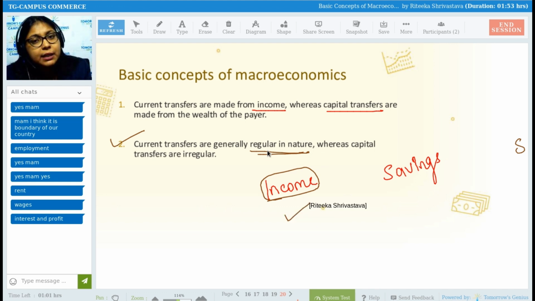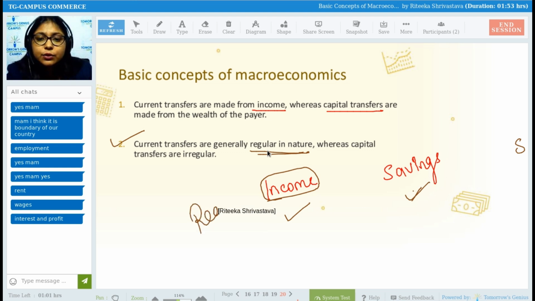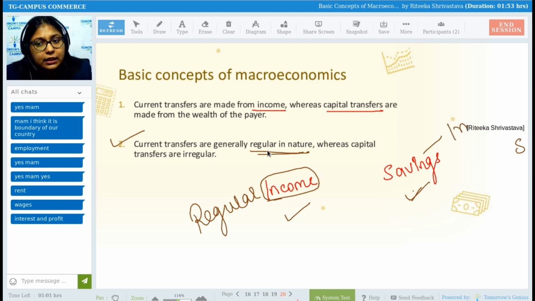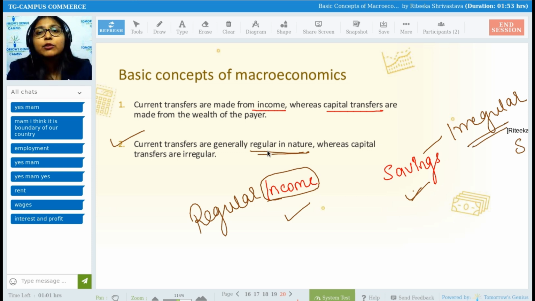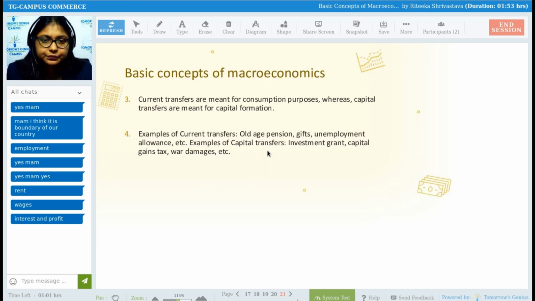On a regular basis you will be spending from income, and on some occasions from your savings. That is why current transfers are regular in nature, because you also receive this regularly, whereas savings are irregular in nature. Here the spending from savings will be done very irregularly.